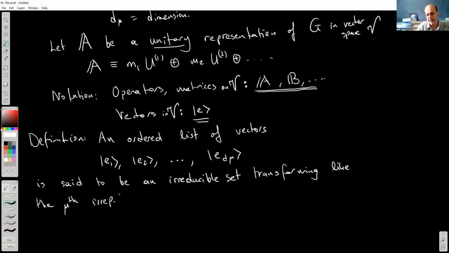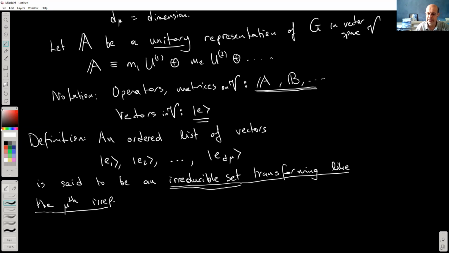So the number of vectors should always be equal to d mu. Let me underline this. I'm going to call this an irreducible set. But the set is defined with respect to this corresponding irreducible representation.